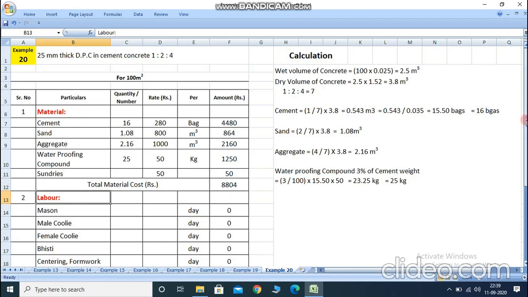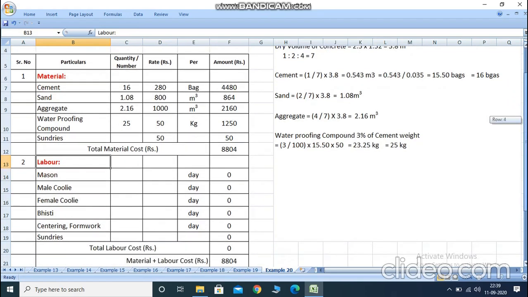Here the labor required is mason, male coolie, female coolie, bisti, and centering and formwork person. Here 8 masons are required, then 5 male coolies, 5 female coolies and 2 bisti, and for centering we take a lump sum amount of 500 rupees. And we take an extra cost of 50 rupees.